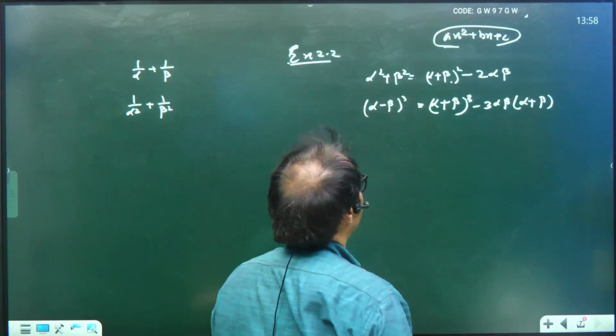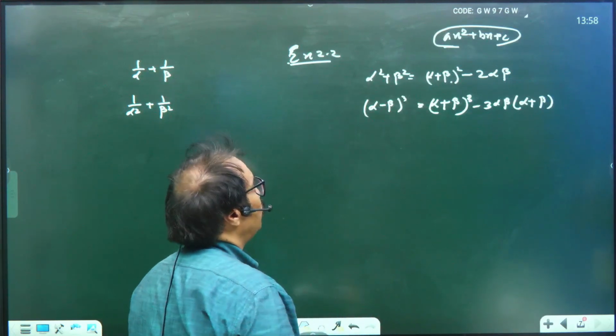In this form you will write the value of alpha minus beta whole cube.